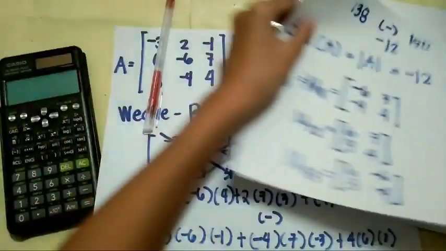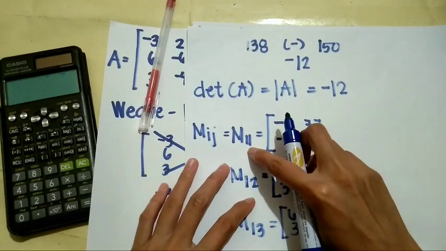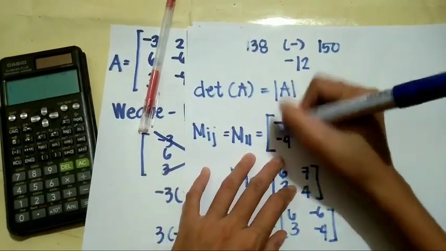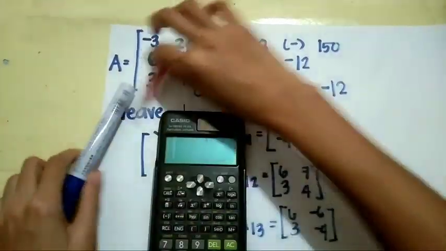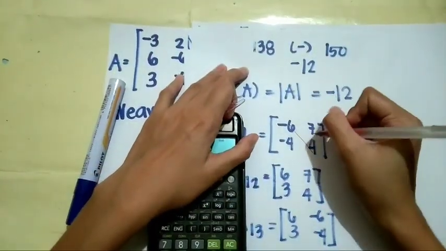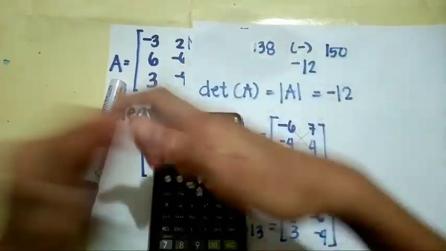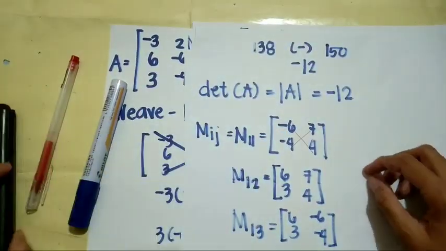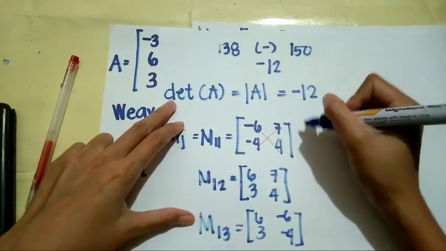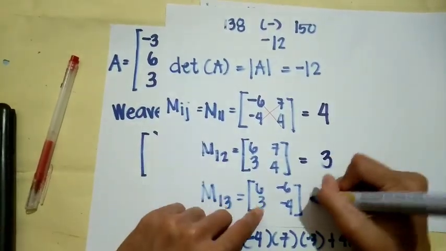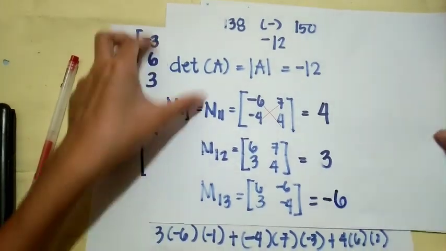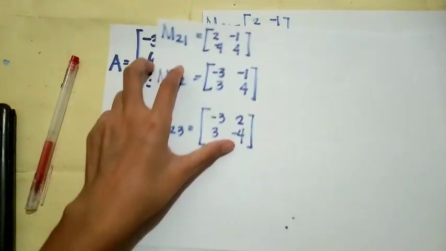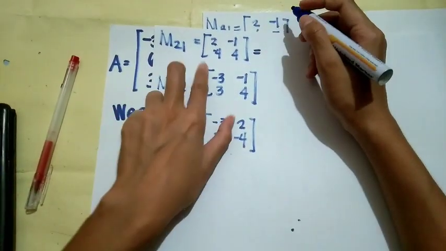Now, let's go back to our first minor. For minor M11, we have to get the determinant. To get the determinant, we multiply this one, then subtract this one. Inputting that in our calculator, we have the minor 3. Very good. And next one we have negative 6. The next one, M21, our determinant here is 4.